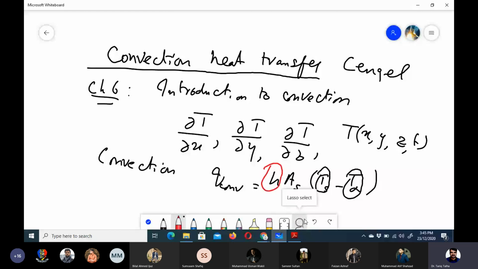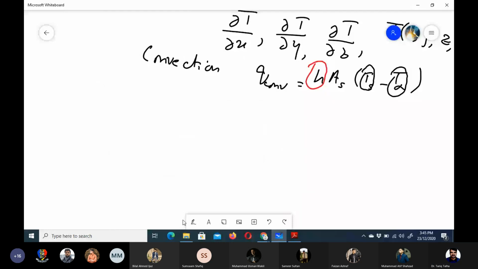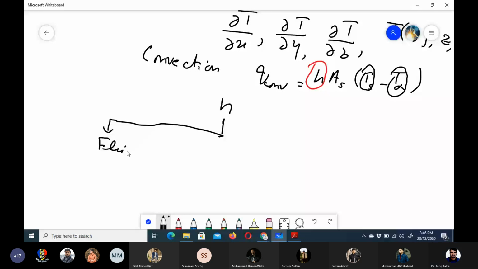right? Because h is not a material property. It depends upon two things, or maybe three things. Now h depends upon the fluid, that is, which fluid is there.